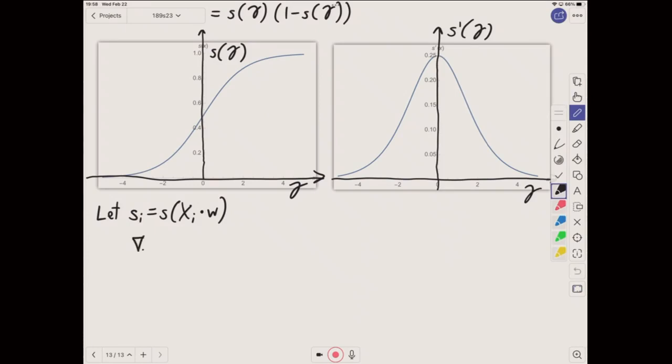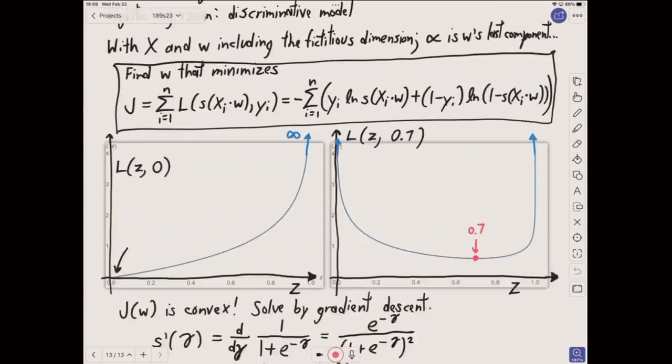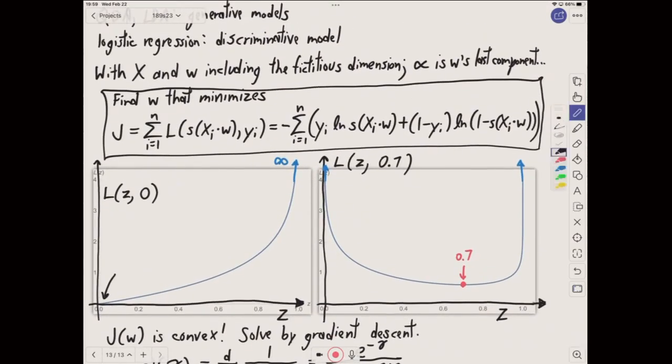With that shorthand, I can now write the gradient of our cost function with respect to w as minus the following sum. Well, let's just peek again at J itself.